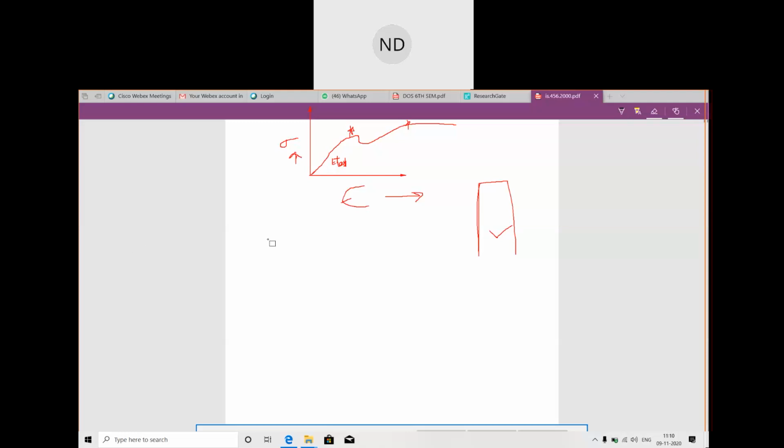It can be for a square or rectangular structure, for a circular section, and also for triangles.